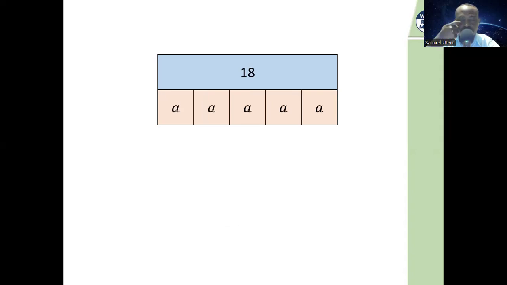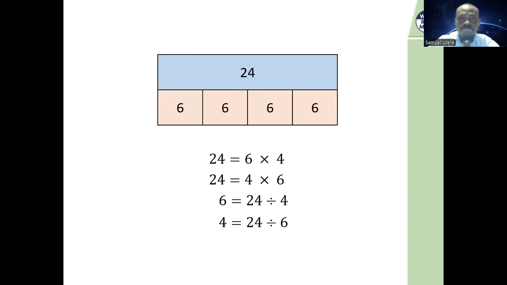What about this one? Can you spot that we have 5 lots of A equal to 18? Have a think. How else could you write this calculation thinking about the facts that we were able to get from here?